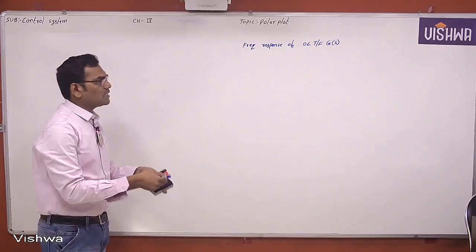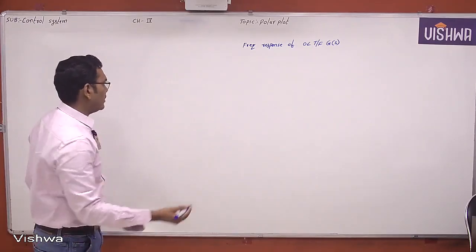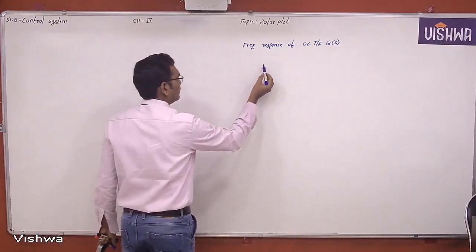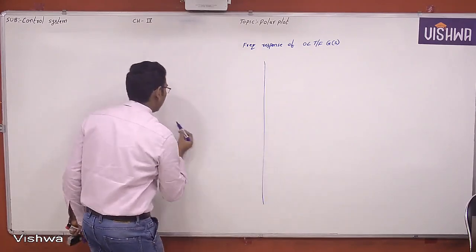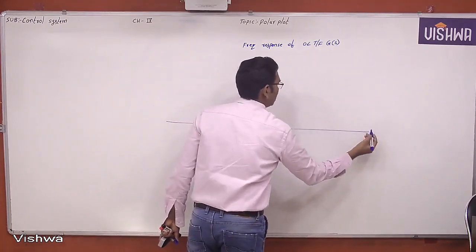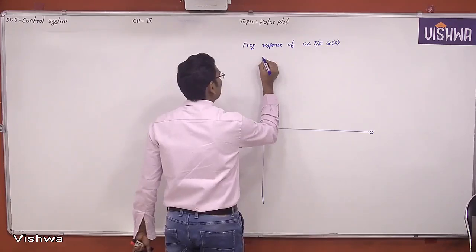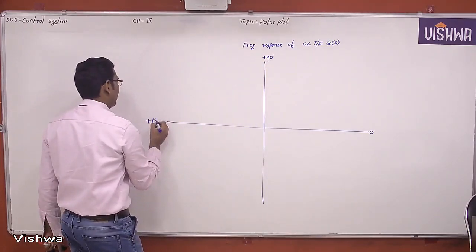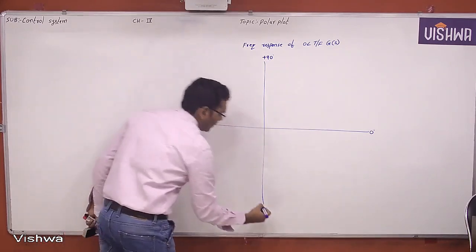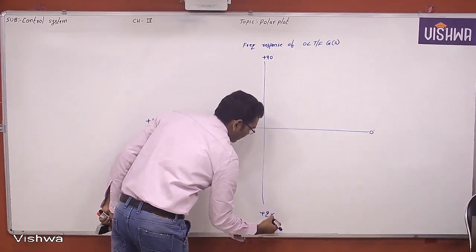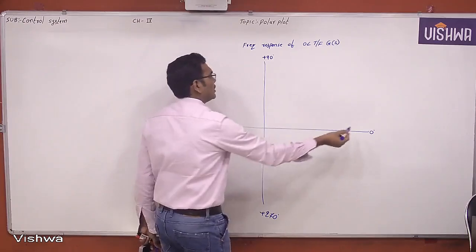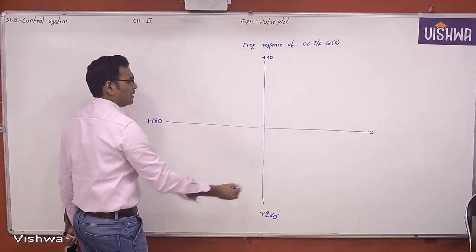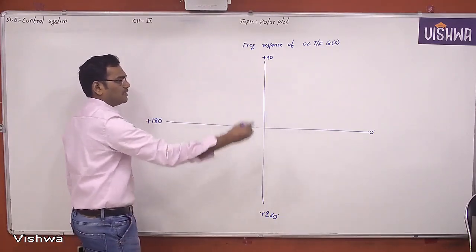Before we start the actual polar plot, I just want to give a small introduction. You know that this is 0 degrees, this is plus 90 degrees, this is plus 180 degrees, this is plus 270 degrees, plus 360 degrees, and so on.